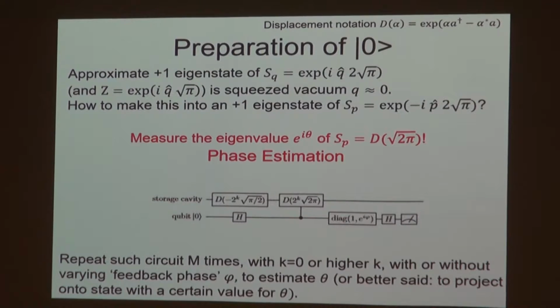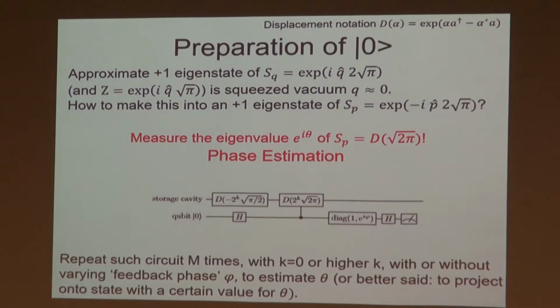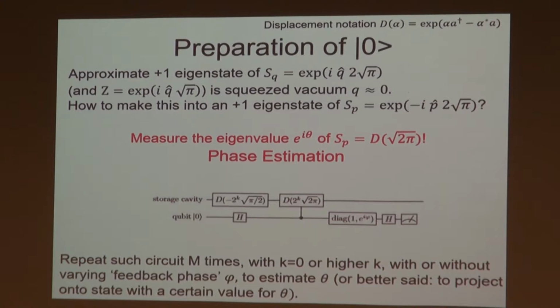And you say, well, how do you do phase estimation? Well, the workhorse of any phase estimation: I have a unitary operator U, and I don't want to estimate its phase, I want to project it onto an eigenstate with a certain eigenvalue. And I can only do this approximately.